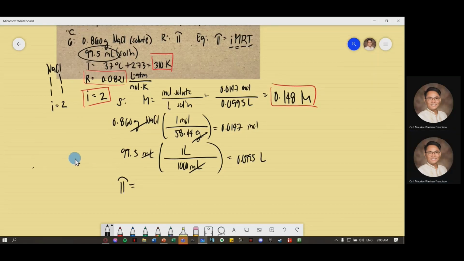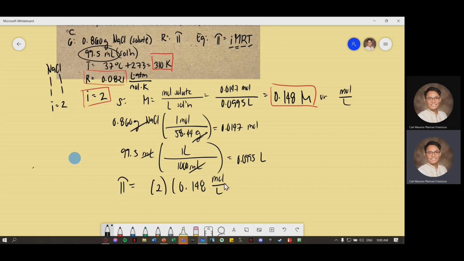So i would be 2 times molarity 0.148. The unit for molarity is mole per liter. Gas constant 0.0821 liter atmosphere all over mole Kelvin times temperature 310 Kelvin.